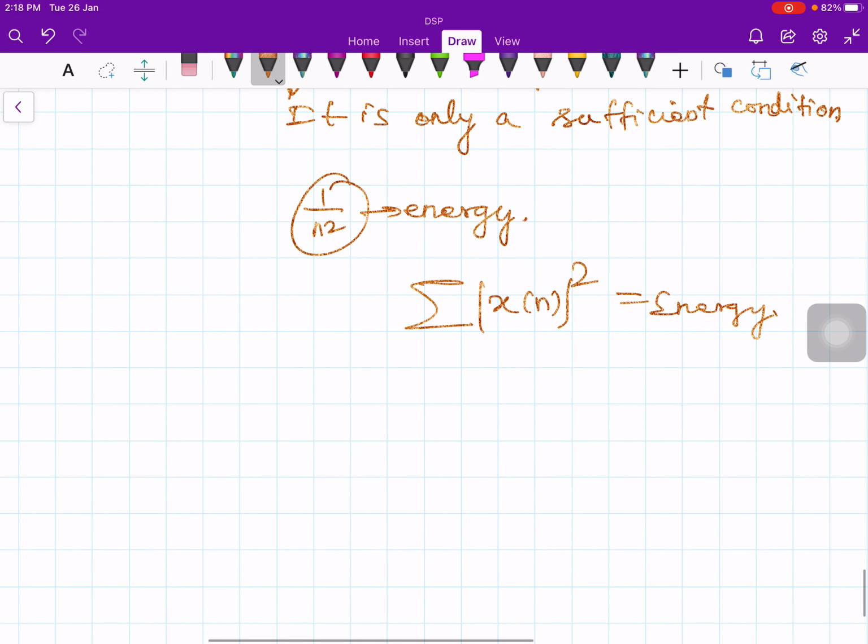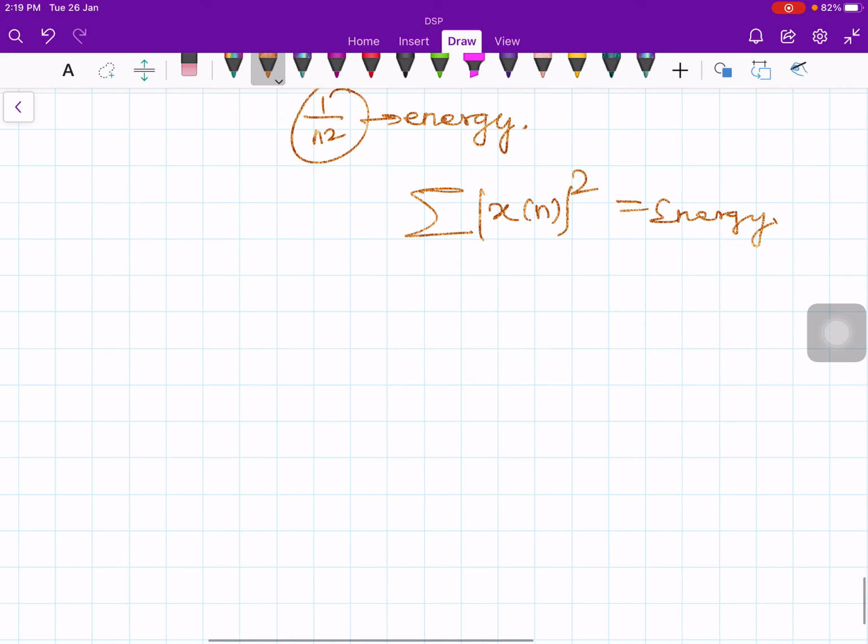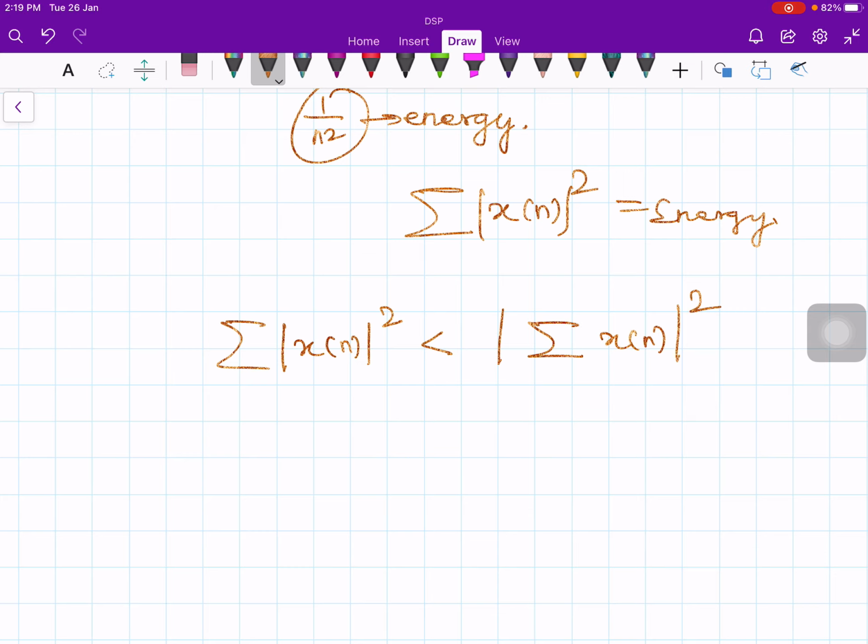If x of n is absolutely summable, then its energy is obviously less than, okay, let me write this down. If x of n is absolutely summable, what is its energy? The energy is definitely less than the summation of x of n, the whole squared.